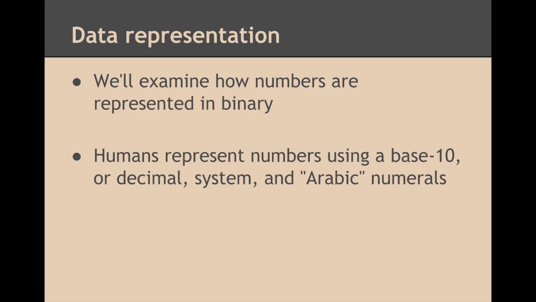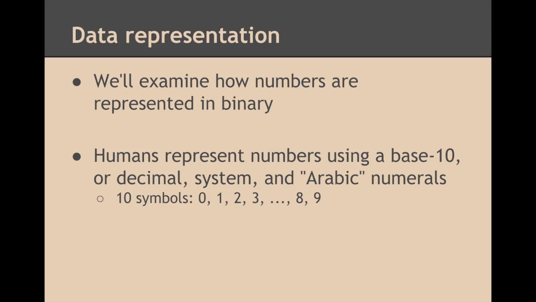Okay? So for reference, let's use what we normally think of for numbers. We represent numbers using base 10 or a decimal system and the so-called Arabic numerals. So we have 10 symbols: 0, 1, 2, 3, 4, 5, 6, 7, 8, and 9. And obviously other things convention-wise like commas or decimal points or sign symbols, but generally speaking, just the numerals are what we use.